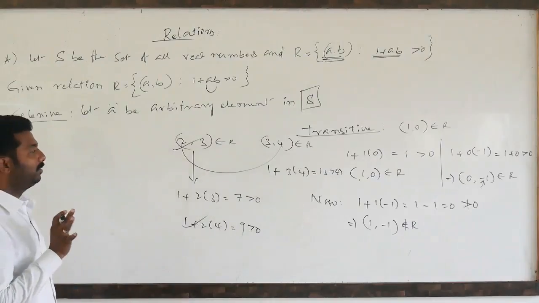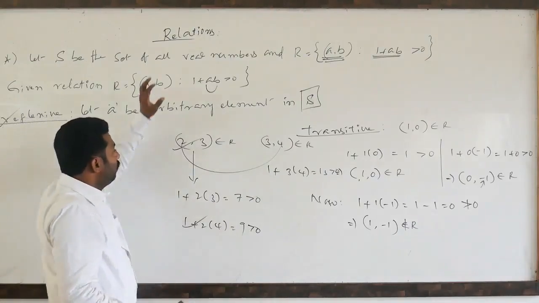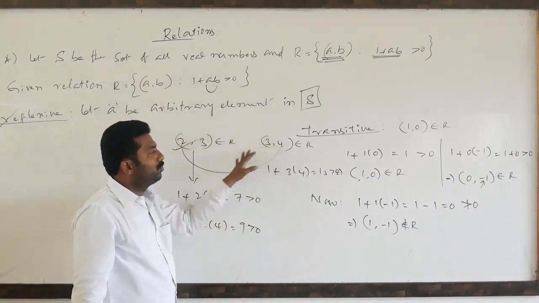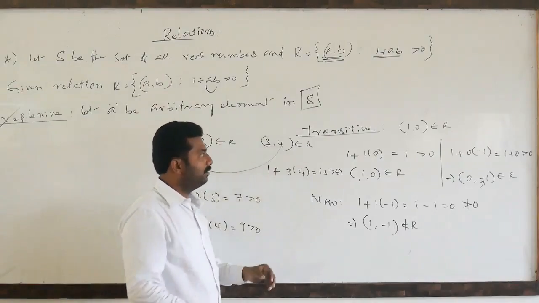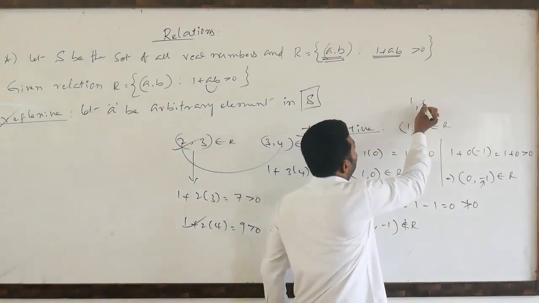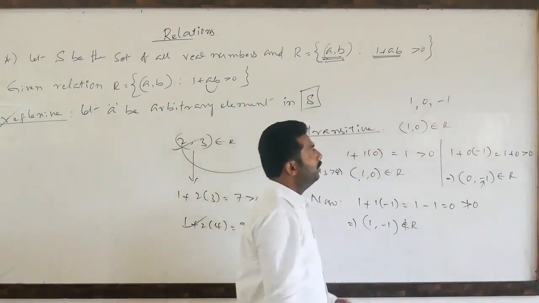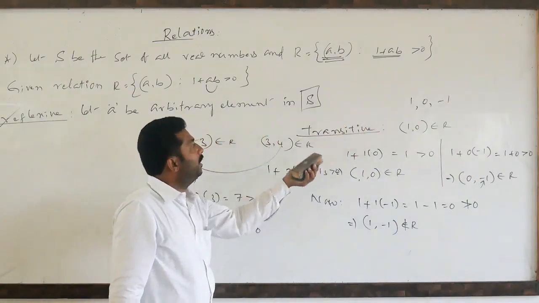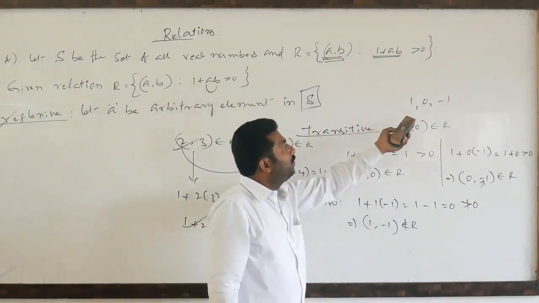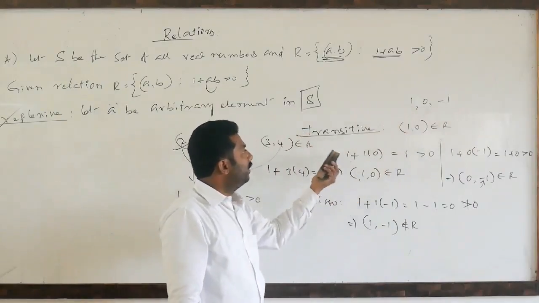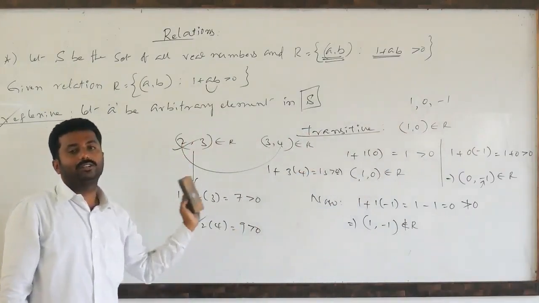Many people will write this, but this is wrong. So only for some real numbers it is true. If you take these also real numbers, see 1, 0, minus 1, these are also real numbers, but this relation fails for these real numbers, so this is clearly not a transitive relation.